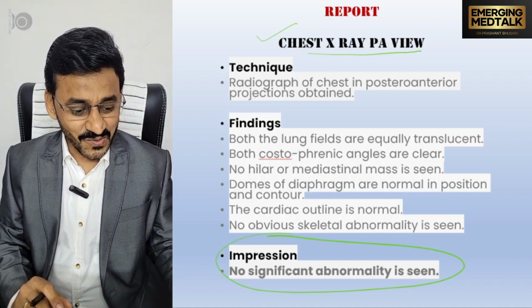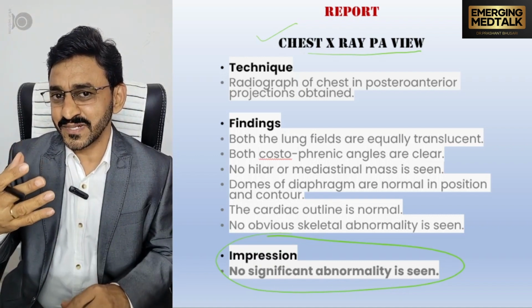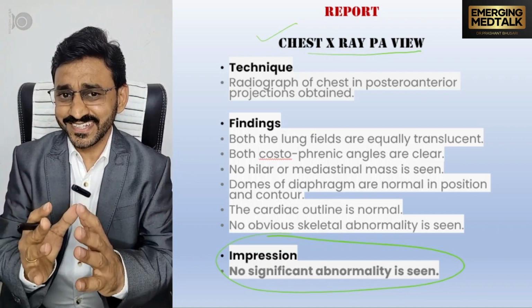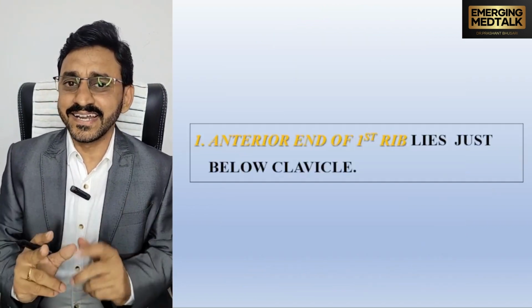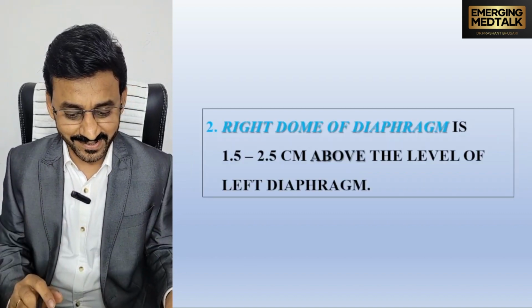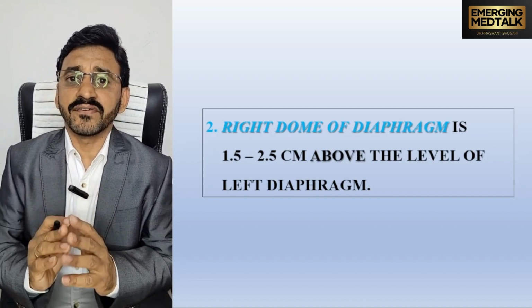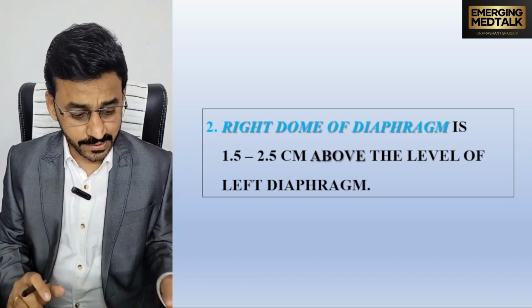Now if we know the normal, how can we briefly go over the crux or the tips of these various points? Very important: the anterior end of the first rib always lies just below the clavicle. The right dome of the diaphragm is always 1.5 to 2.5 centimeters above the left dome.